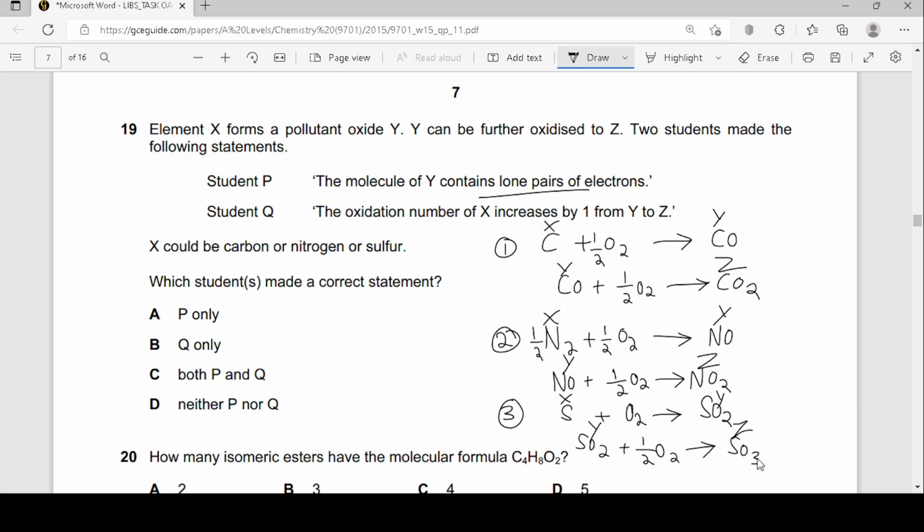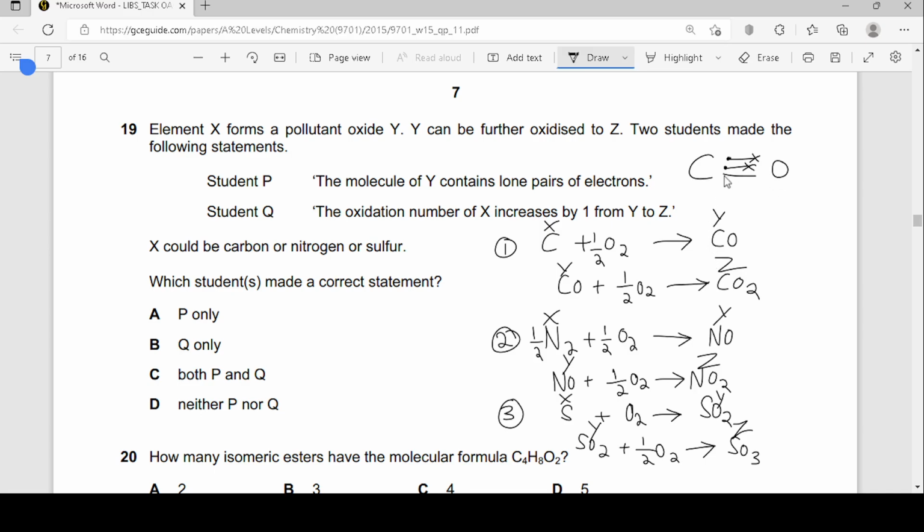Alright, the molecule of Y contains lone pairs of electrons. Does CO contain lone pairs of electrons? Let me see. Carbon monoxide has one dative covalent bond as well, but I forgot whether it's from carbon to oxygen or oxygen to carbon.